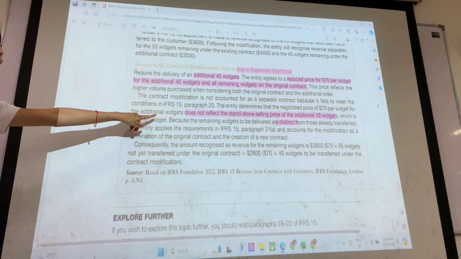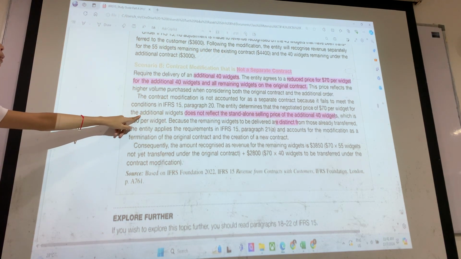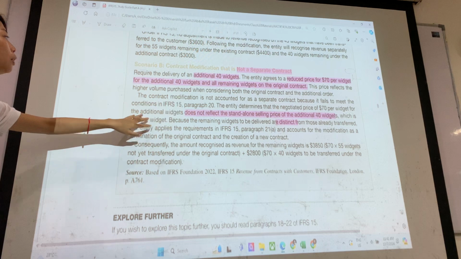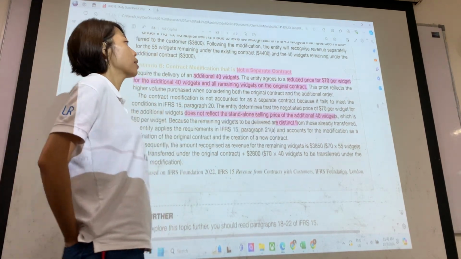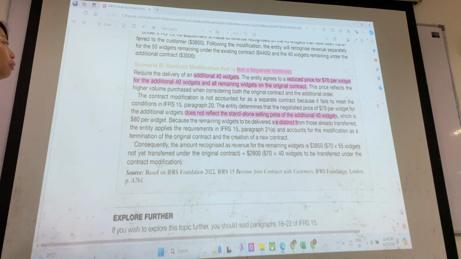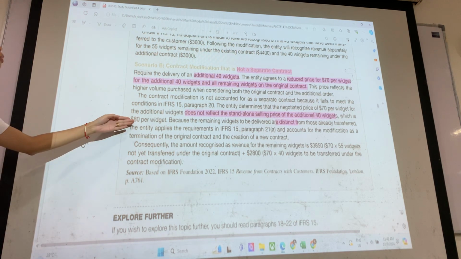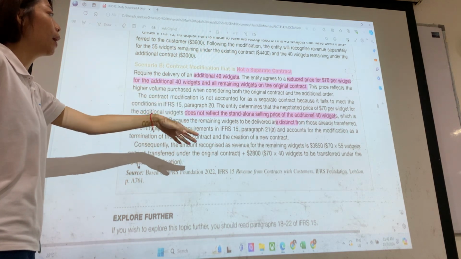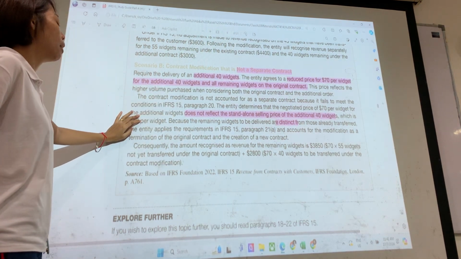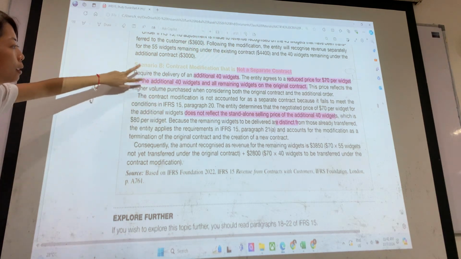However, the $70 per widget for the additional widgets does not reflect the stand-alone selling price of the additional 40 widgets, which is supposed to be 80 per widget. So it does not reflect their stand-alone selling price, and therefore it does not fulfill both at the same time.